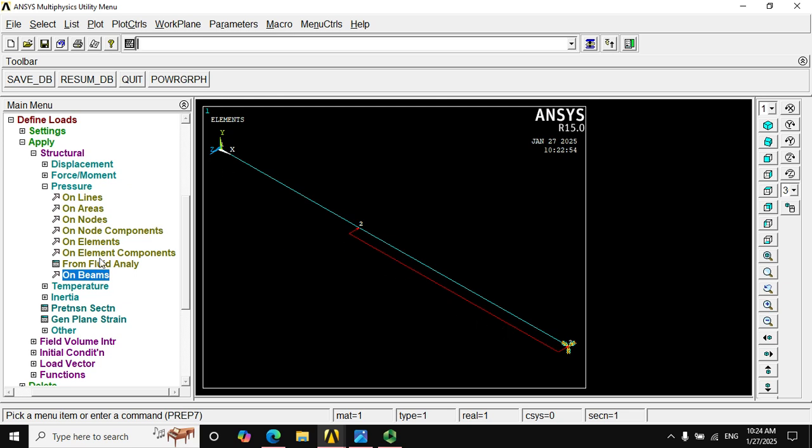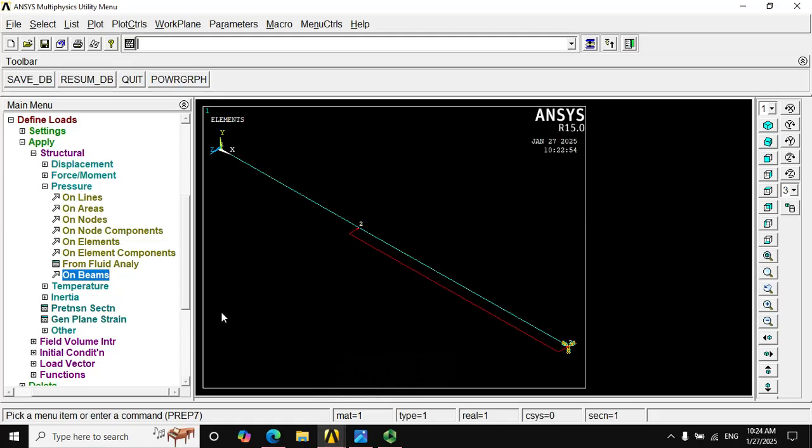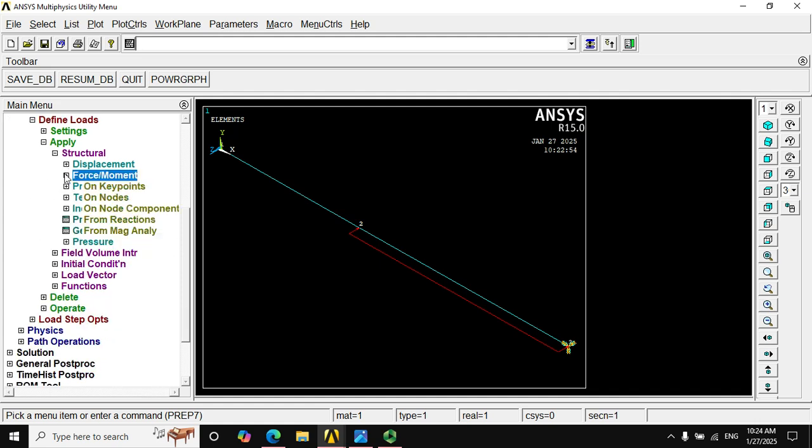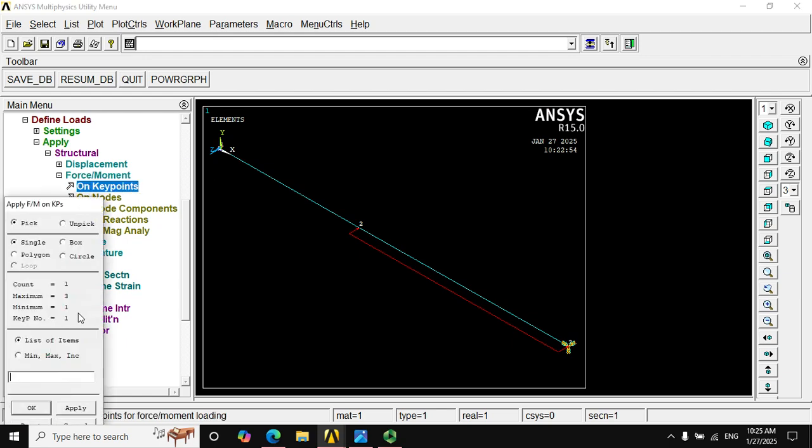So when I look at my model, you see the other force, 1 kilopound, is also a single force in the same direction. When I apply it on the model, you have to make sure that force is acting at that end.